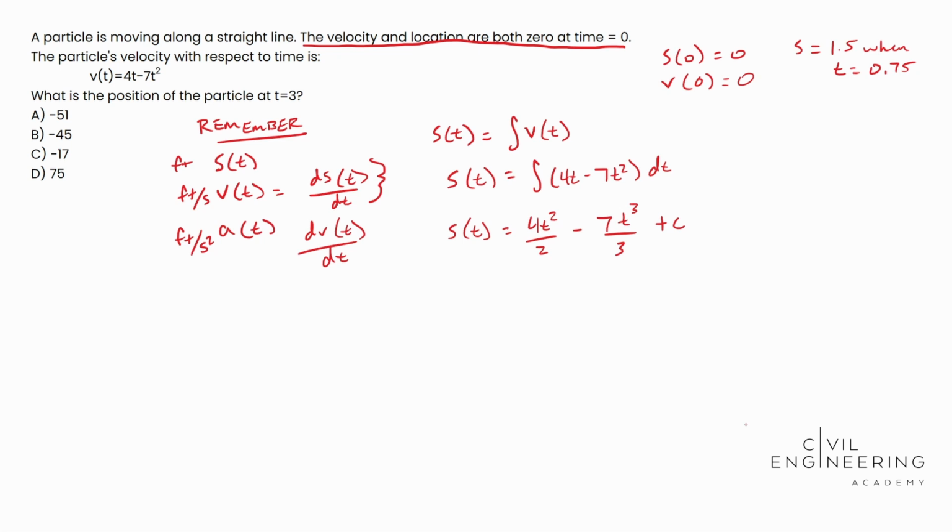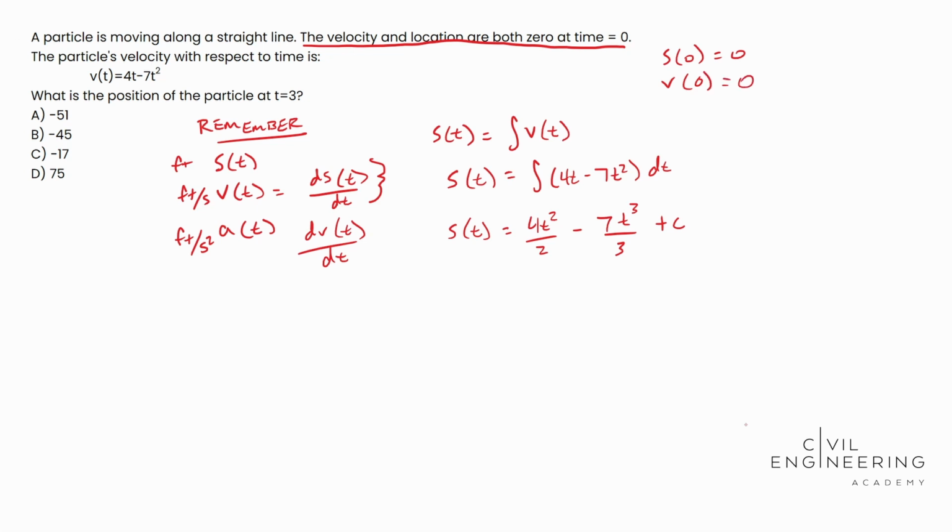Okay, what you would do is you'd go s of 0.75 is equal to 1.5. That's what that would look like, and you would plug this 0.75 into this formula and set it equal to 1.5. Okay, so that's kind of how that works, and then you solve for that c. So not significant in this problem, just wanted you to know that. So if in the event on the exam they actually do something like that, you need to know how to do that.